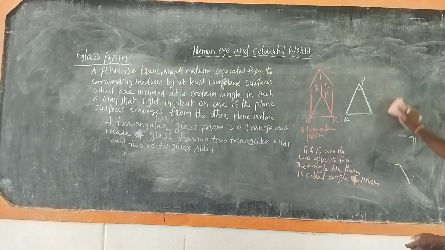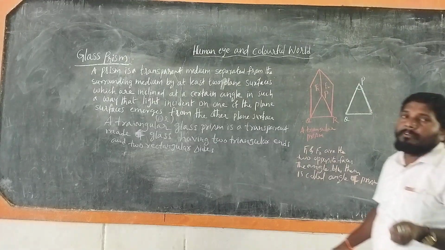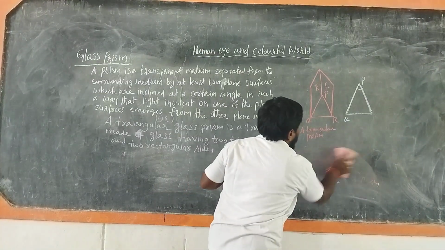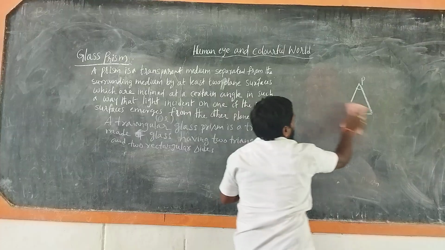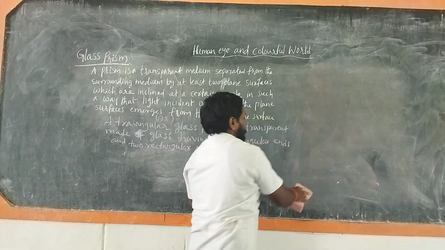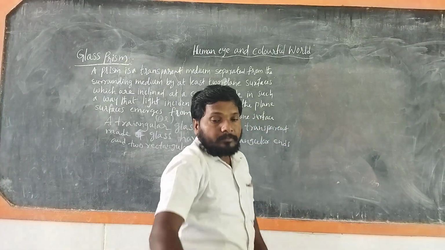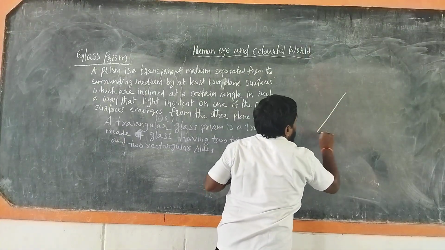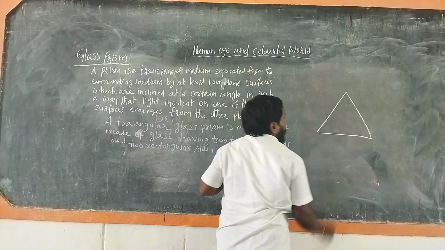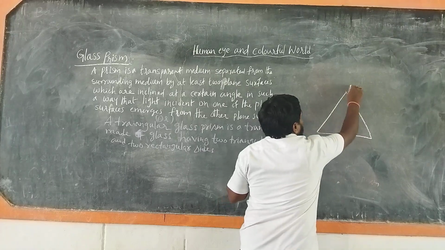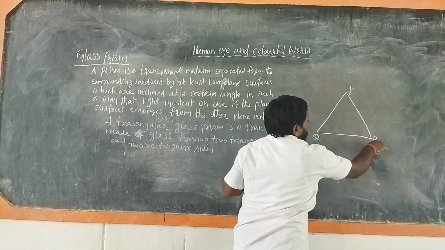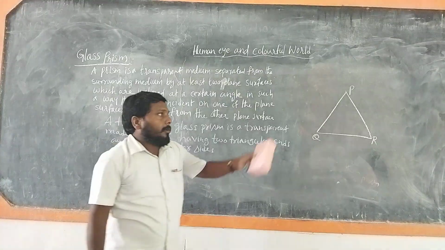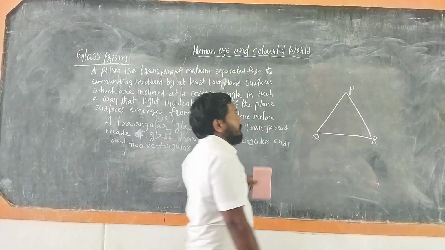So let us understand the refraction of light through a glass prism. P, Q, R: we can represent the glass prism in diagrams like a triangle.